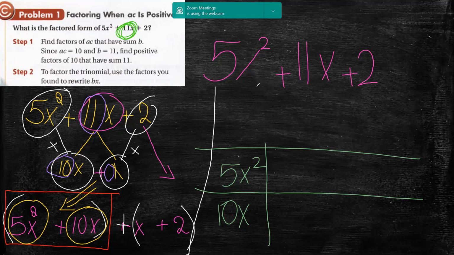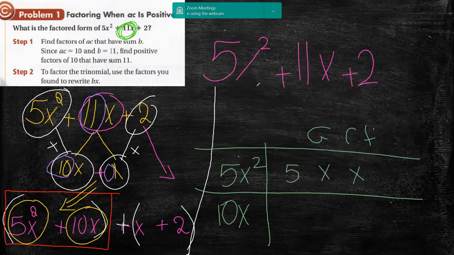Here, so you wrote 5x squared and 10x. We wrote the two monomials. Write them here. Then find the greatest common factor of them. How to find the greatest common factor? By writing all the factors here.